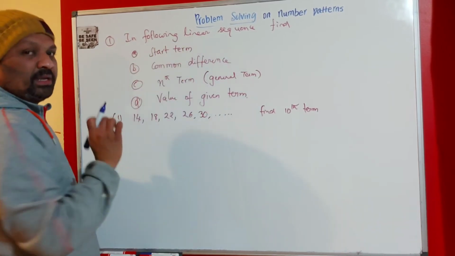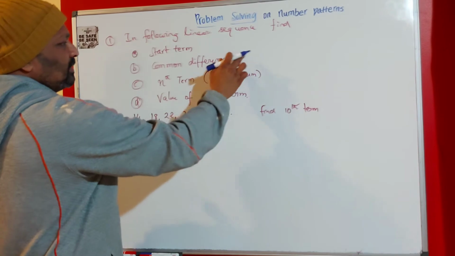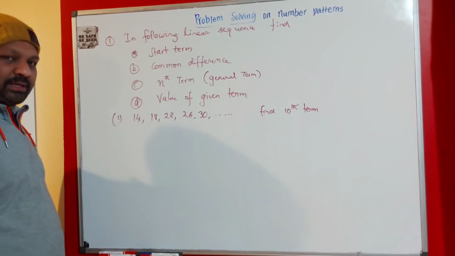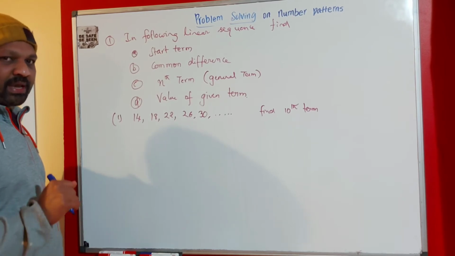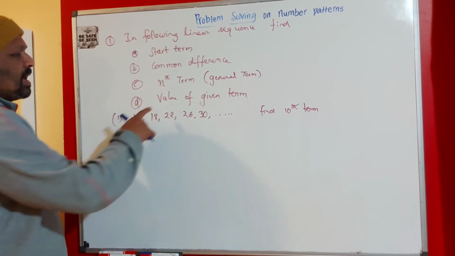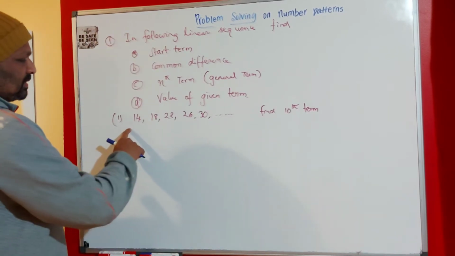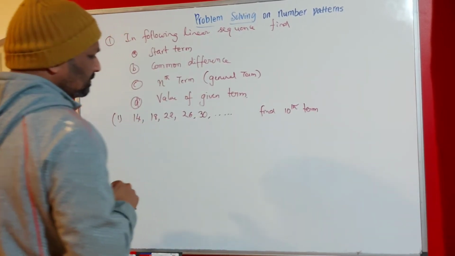The start term is small a, and the difference is small d. So this is the sequence, this is the series, this is the pattern.